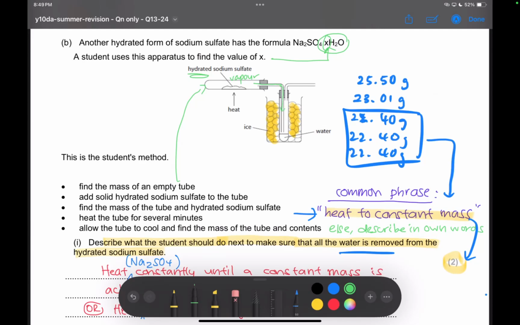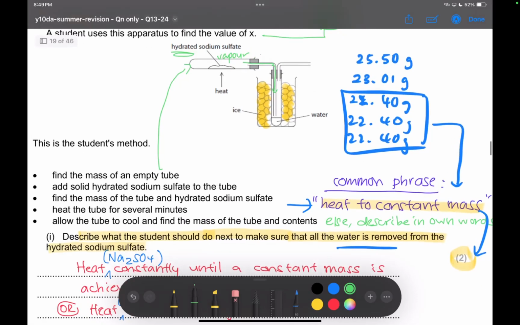But you see, the vapor is in contact with something very cold, such as the ice. So the vapor will actually be cooled, and it's actually useless if it's just being cooled, because if the vapor is cooled, it can still remain in vapor state. But if it's cooled below its boiling point, yes, then it's going to condense and become water.